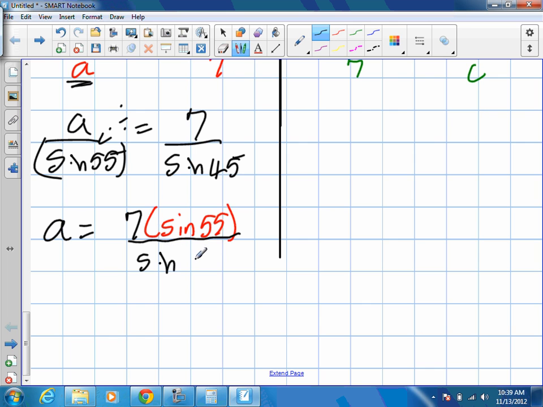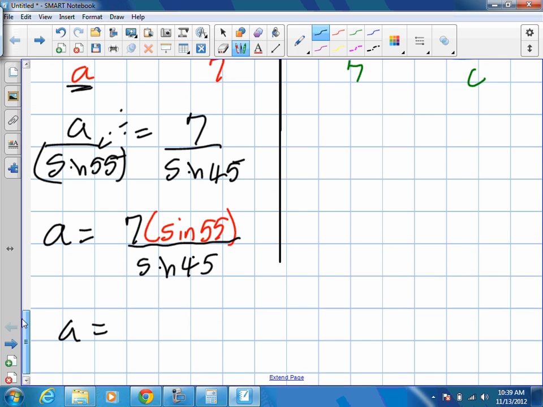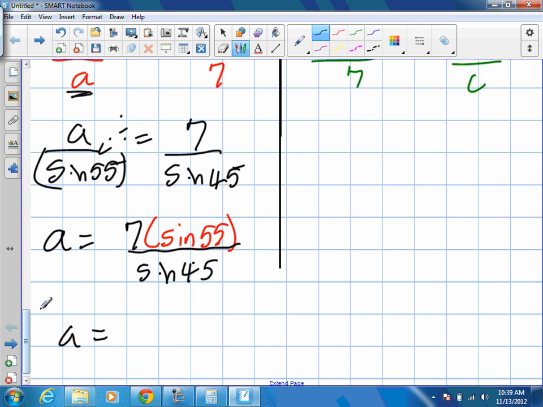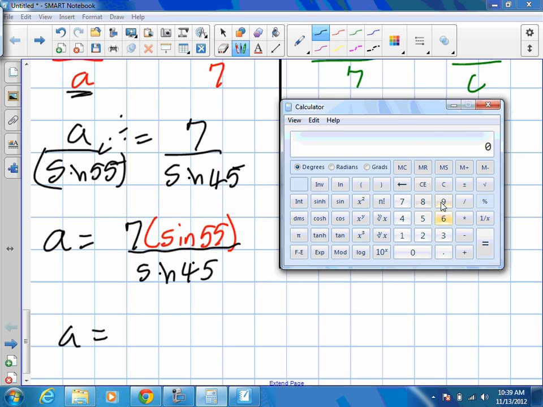Okay. We'll plug this into a calculator. We'll get a number. Somebody help me out with it. While you're doing that, on the other side, did you get something? No? Okay. I'll bring it up on this calculator here. I got it. We have sine 55 times 7 divided by, where's division here?